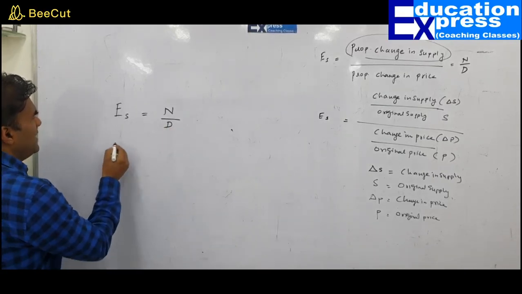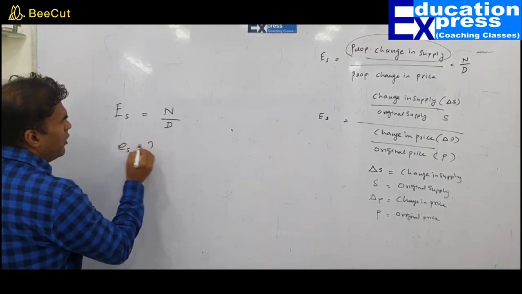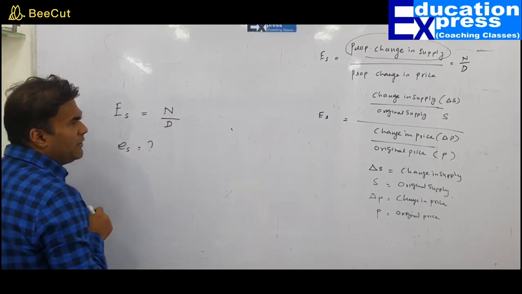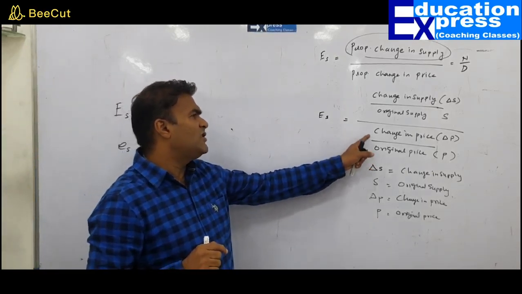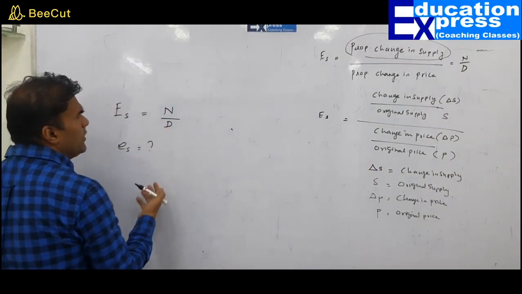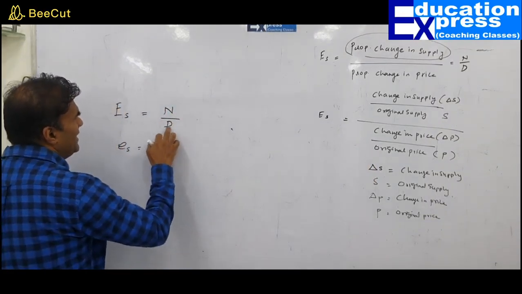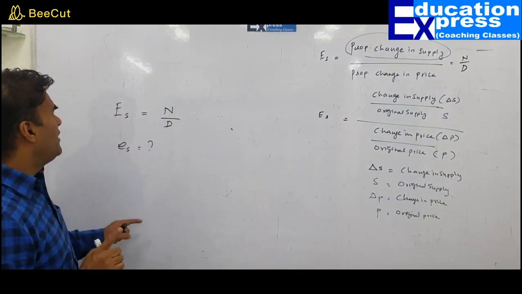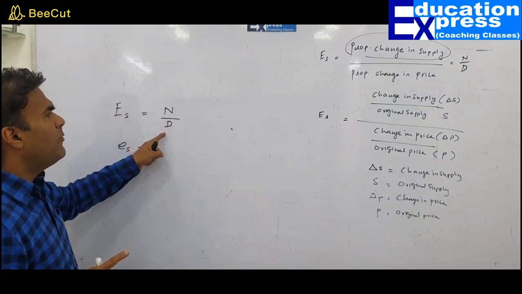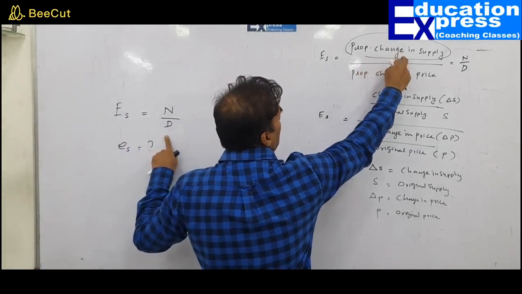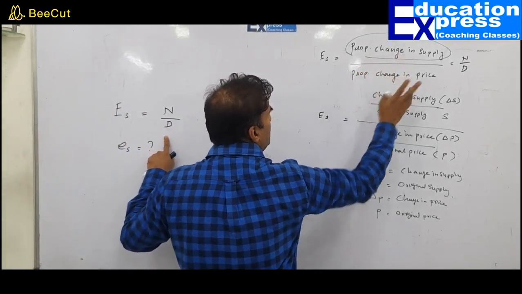Possible outcome means elasticity of supply can have what possible values. So it all depends upon numerator and denominator. So it all depends upon how much is the change in price in contrast to the original price. So you don't know numerator and denominator, but having said that the elasticity of supply is nothing but a fraction of numerator and denominator, which is represented by proportionate change in supply upon proportionate change in price.